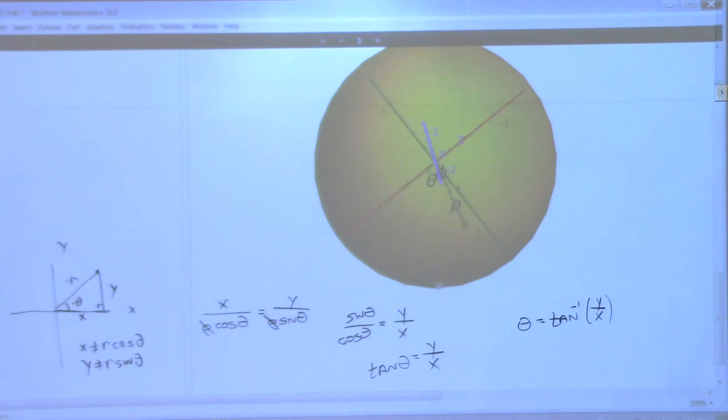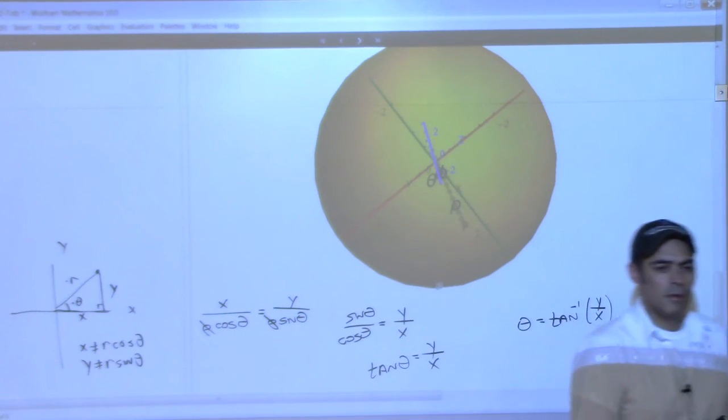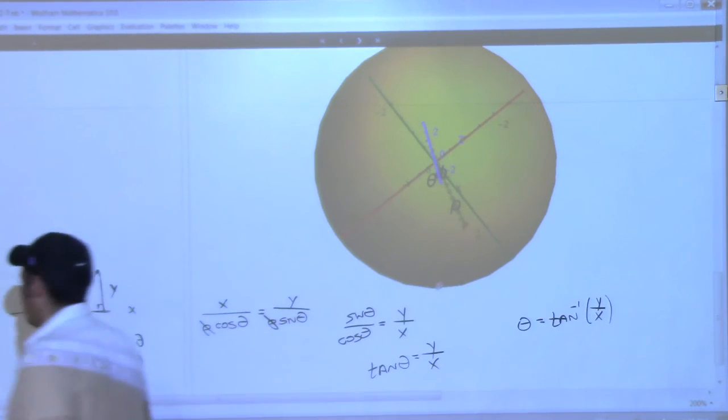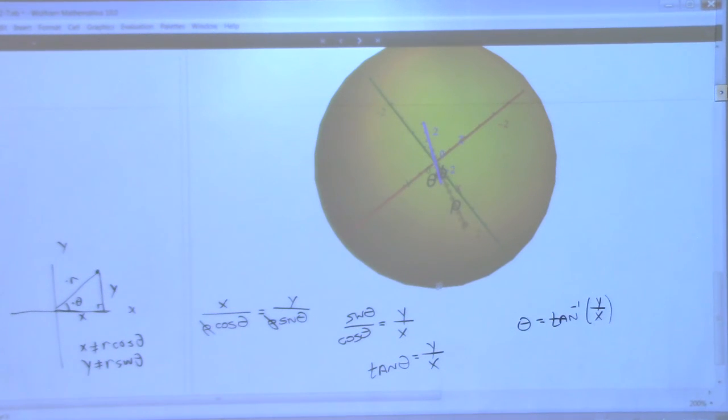I think it's because you're never really converting from spherical back to Cartesian. There's not as major a need to go from spherical to Cartesian as there is to go from Cartesian to spherical. Going from Cartesian to spherical, you need to find your rho, your theta, and your phi.